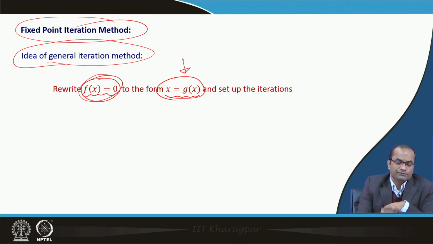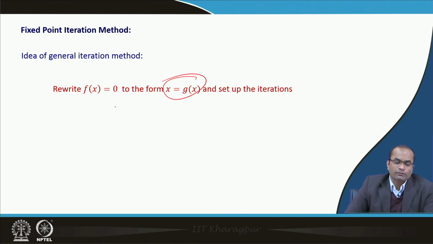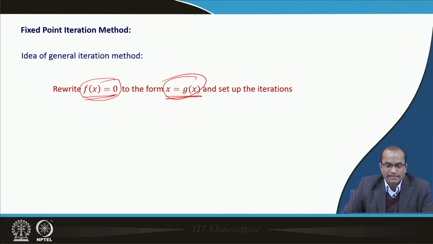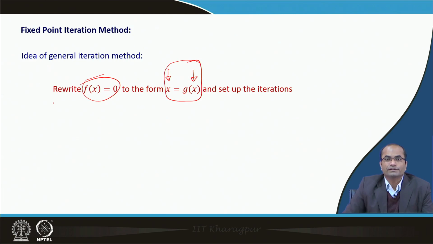So, we have this form x = g(x), and once we have this form, we can set up the iteration. The root of f(x) = 0 we have already written as x equal to some other function g(x). So, here also we are looking for an x which satisfies this equation, and that means that is the root of this equation.